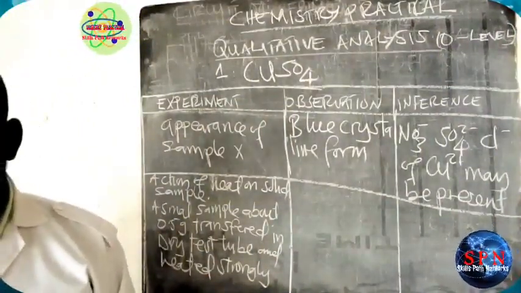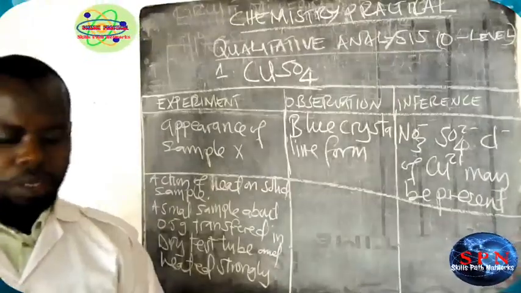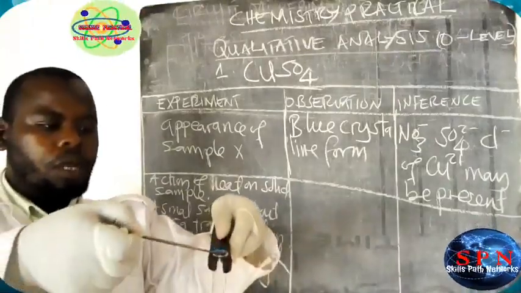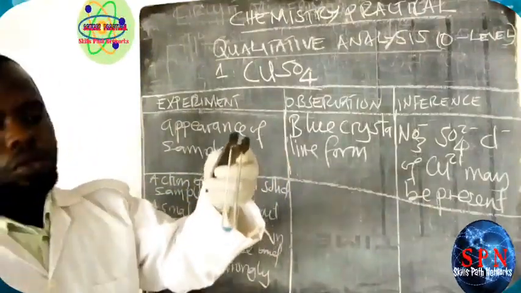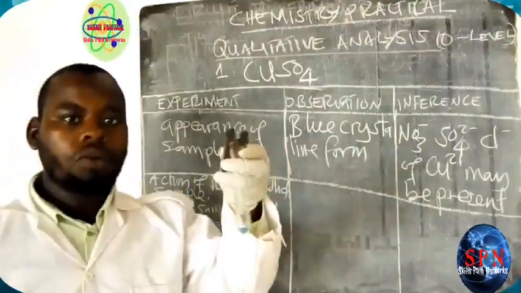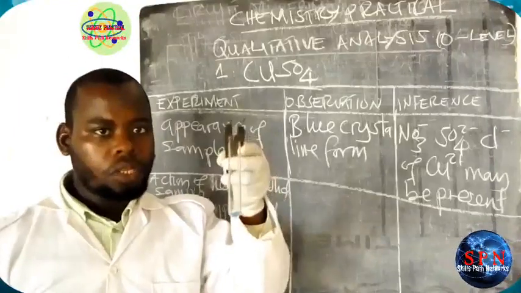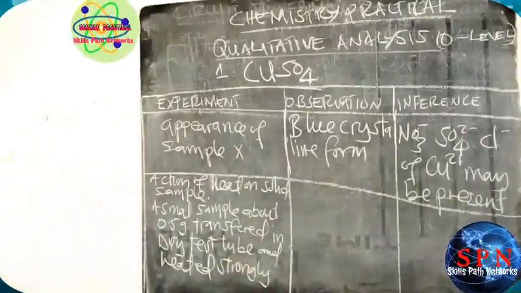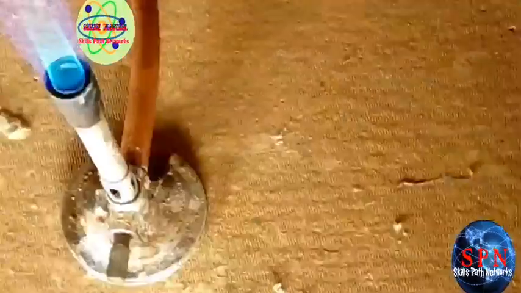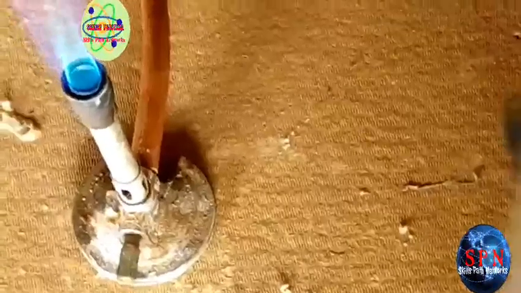You take your sample, transfer it into a test tube, then heat it on a flame. Let's see the observation.